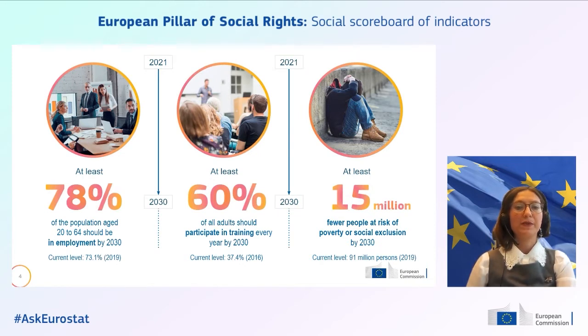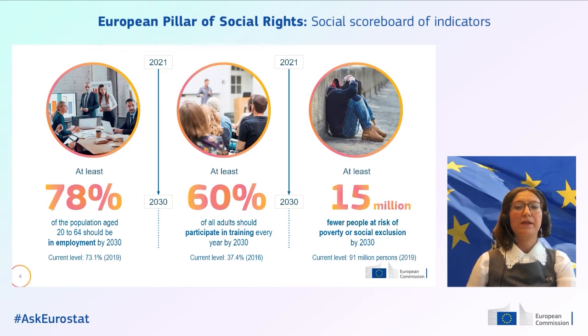We have experience with collecting this indicator in the adult education survey, but this is a survey that is collected less frequently, every 5 years. That's why the reference data for this indicator is 2016.